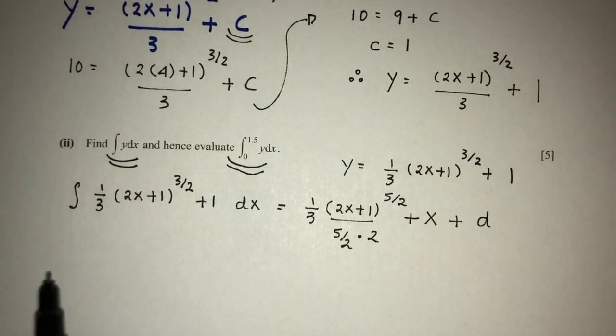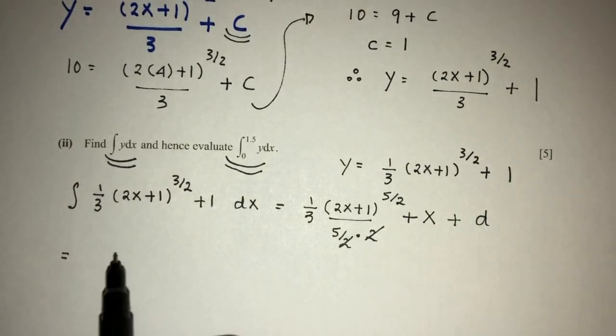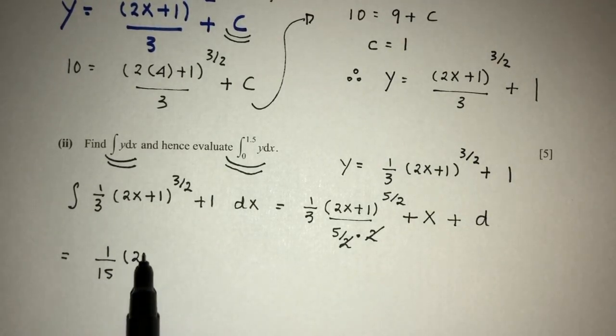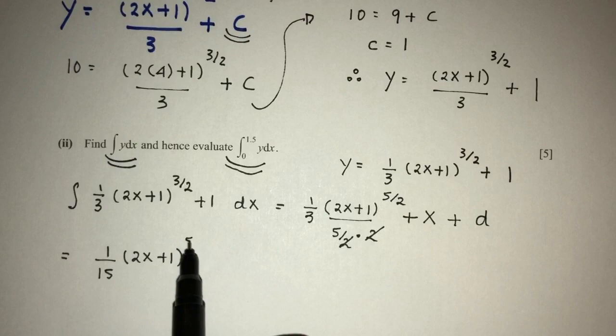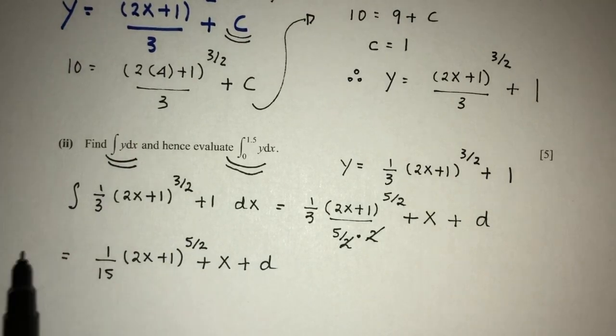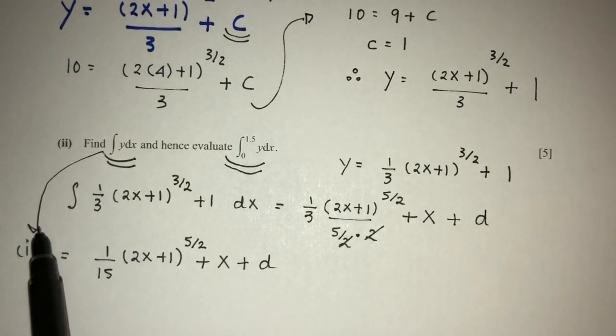Let's simplify. This will cancel out, so you have 1, and 3 times 5 is 15. That will be (2x plus 1) to the power 5 over 2, plus x, plus d for this part of your question.